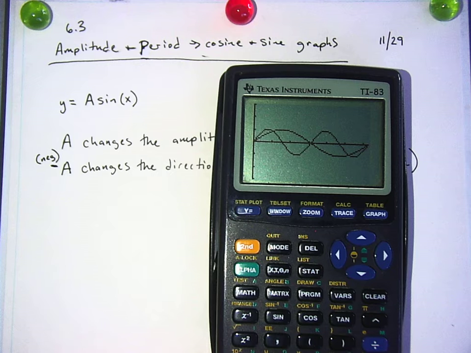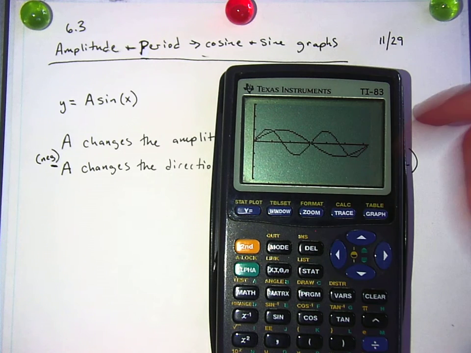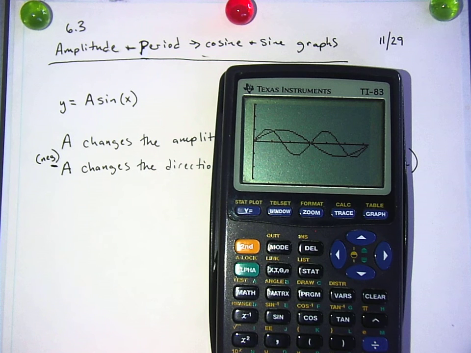So what happened? The period changed from 2 pi to do 1 rotation to what? To the number 2? Are you saying that you can get 2 rotations in the same distance? Yeah. So 2 rotations in 2 pi.